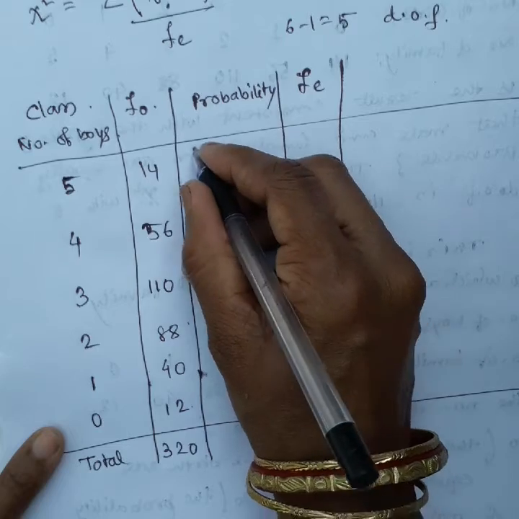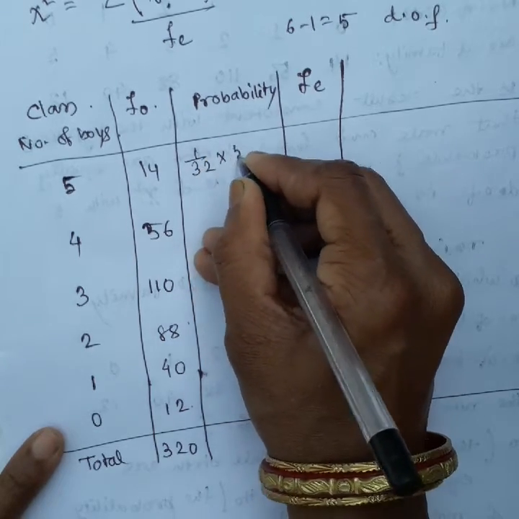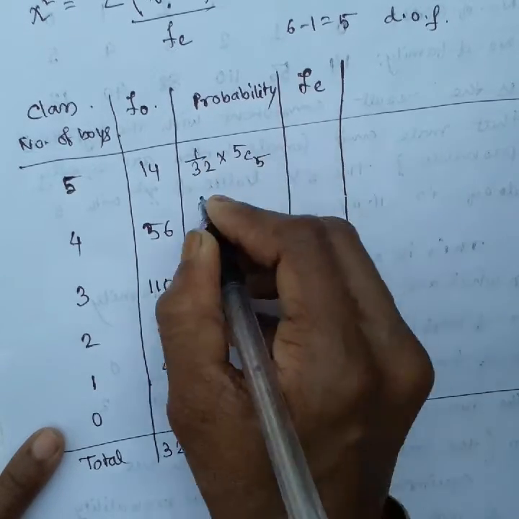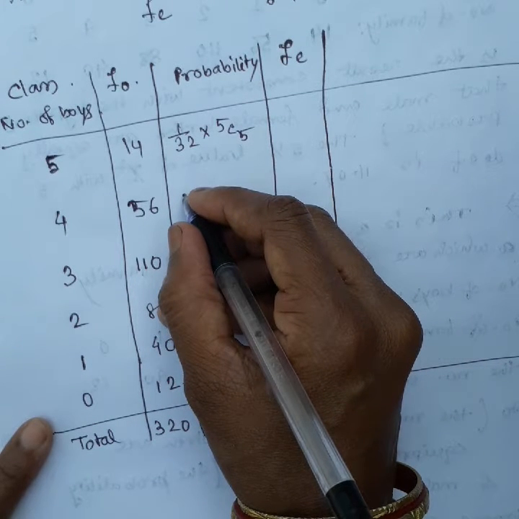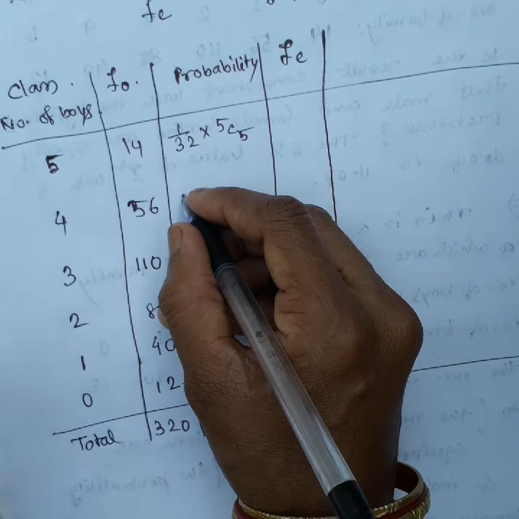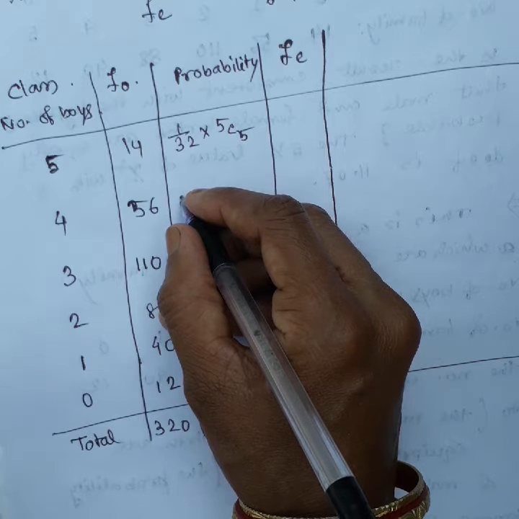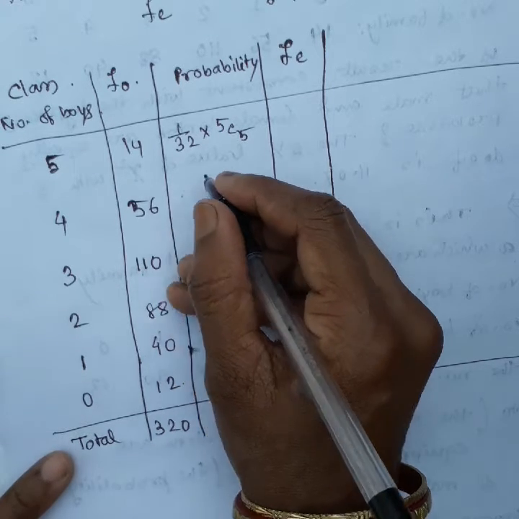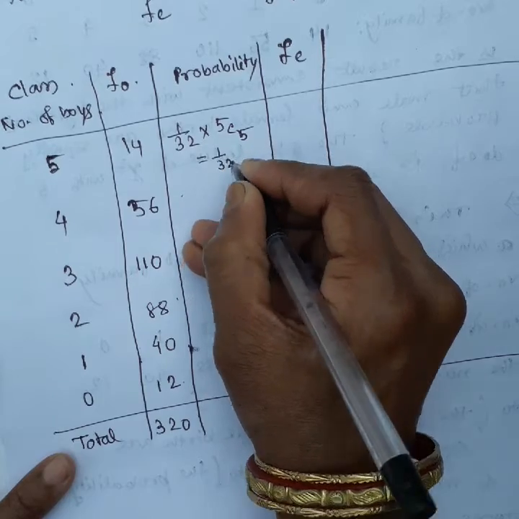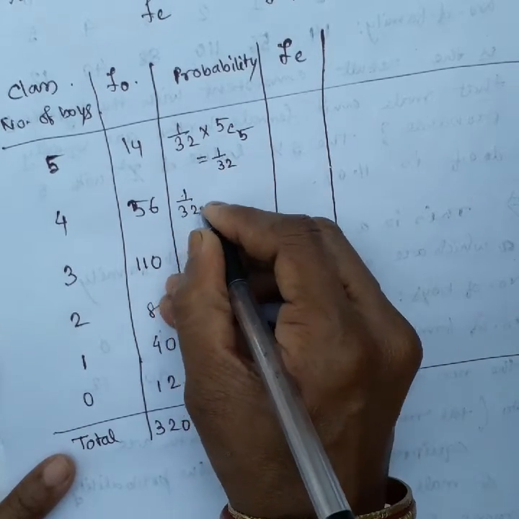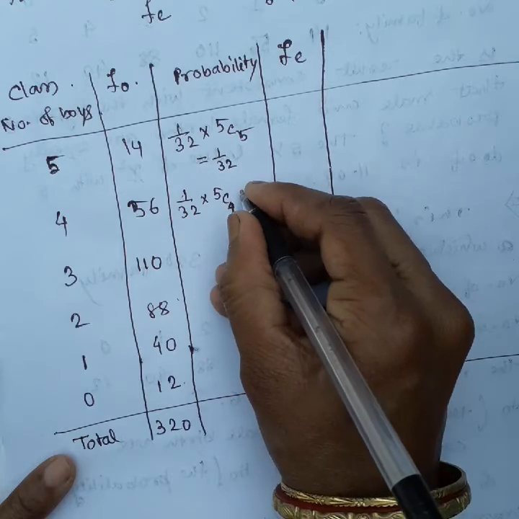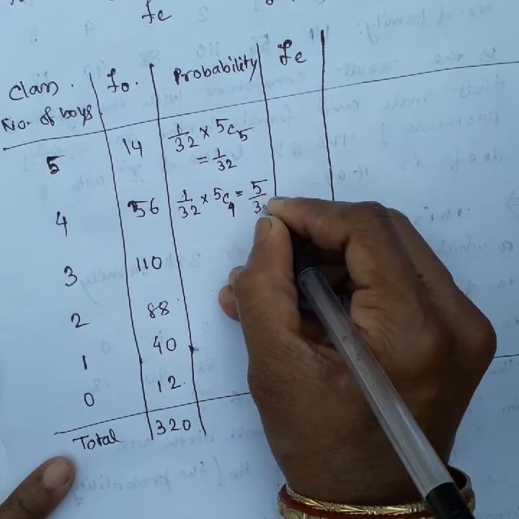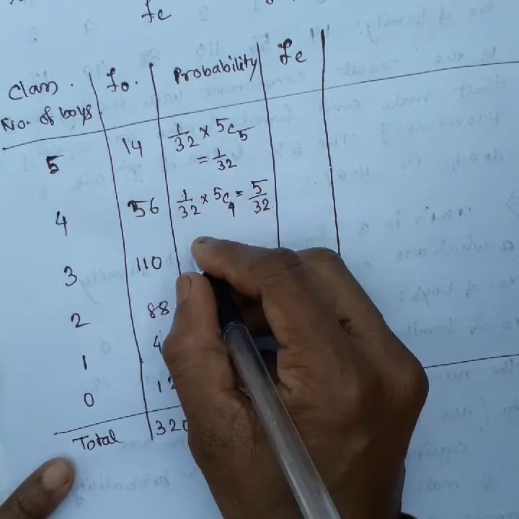Probability is 1/32 into 5C5, this means 1/32. So it is 1/32 into 5C4, this is 5/32.